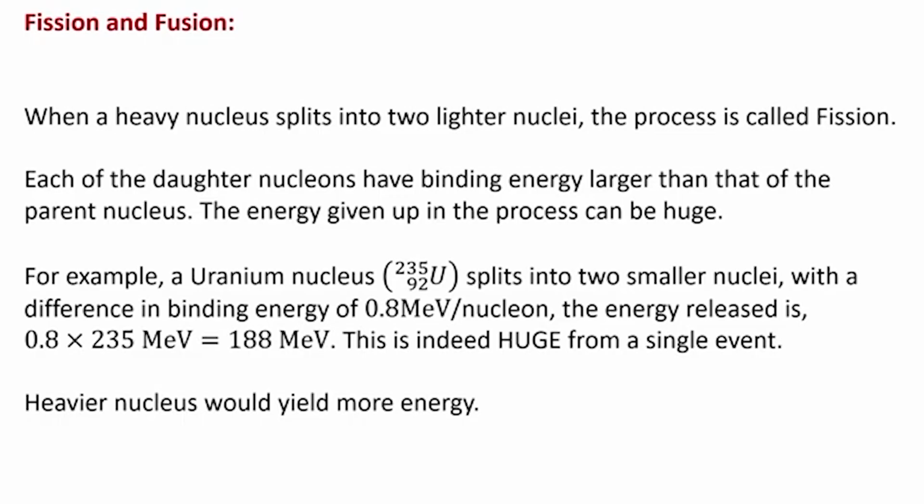If you multiply 235 by 0.8 MeV per nucleon, one gets an energy equal to 188 MeV, and this is actually a huge energy emerging from a single event. Okay. So even heavier nuclei would yield more energy. So this is fission. One actually gets a very large amount of energy.